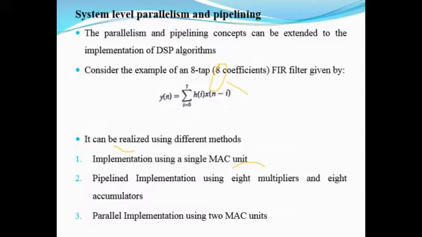When I go with the pipeline implementation using 8 MAC units, the complexity of the design will be very high, and the computing time may be reduced compared to the first. But complexity is an issue when we consider pipeline implementation. If I consider parallel implementation using 2 MAC units, the design may be moderate, and the speed may be better compared to the first implementation, not better than the second.